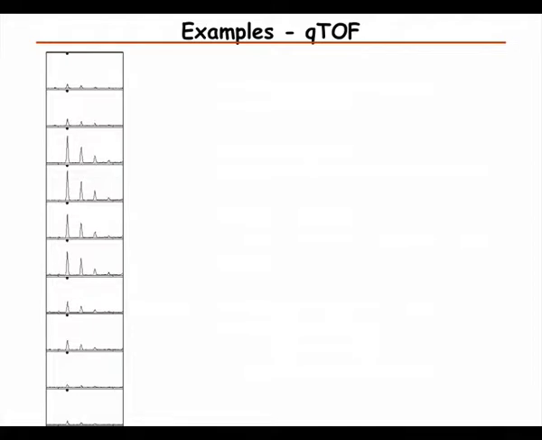So then, just to look at a little bit more data. This is one example from QTOF, a peptide isotope distribution. This is a function of time here. So first the peaks start appearing, then they grow, and then they disappear.